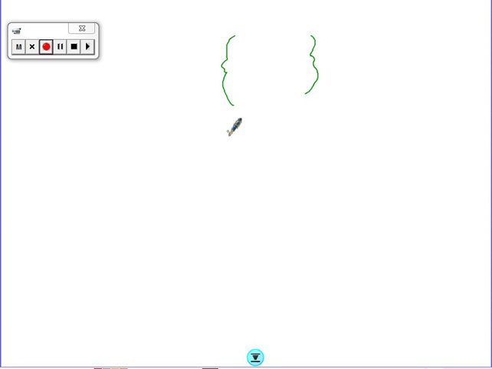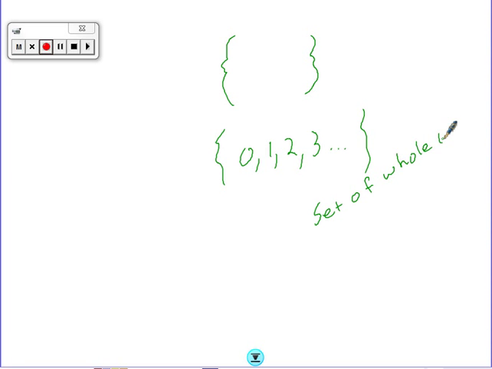So if I do a set of braces and I write these numbers down, I just told you that this, what I just drew, represents the set of what kind of numbers? Whole numbers. Because I started with 0 and I'm going to infinity and beyond. All right, that's all that's saying.